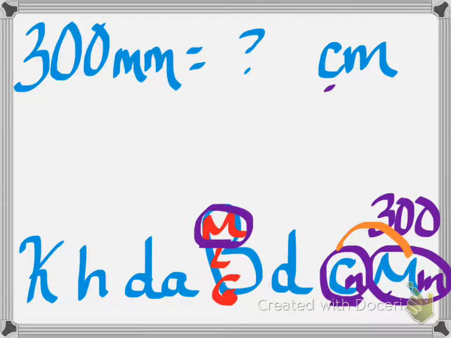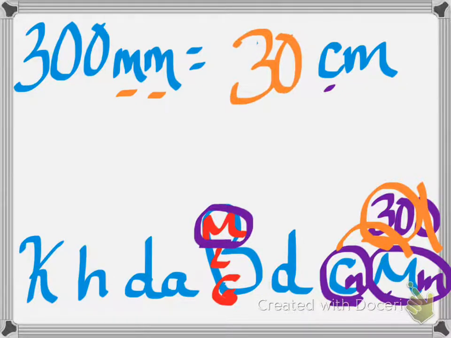So we actually need to cross off that 0, and our answer would be that. So we have 300 millimeters equals 30 centimeters. So simple, so easy, you just have to follow the steps.